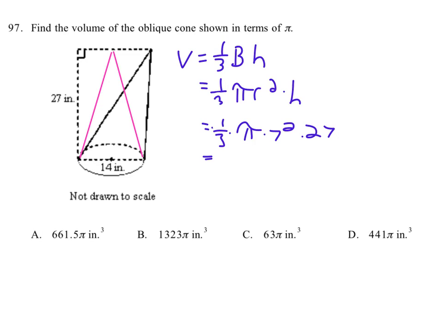Now, I know that this 27 is a multiple of 3. So if I take 1/3 of it, what's this divided by 3? That's 9. So we can write that as 9 times 7 squared times pi. 7 squared is 49. So 9 times 49 pi.